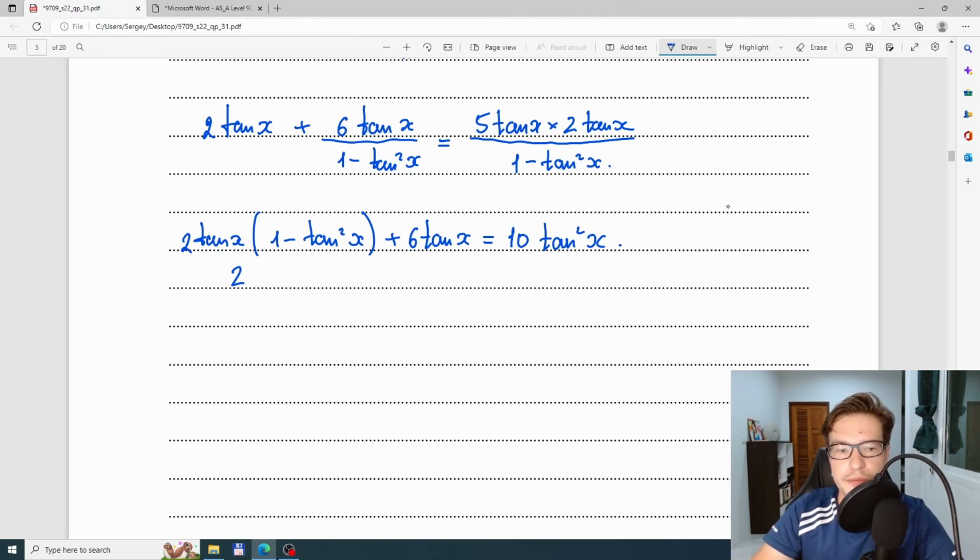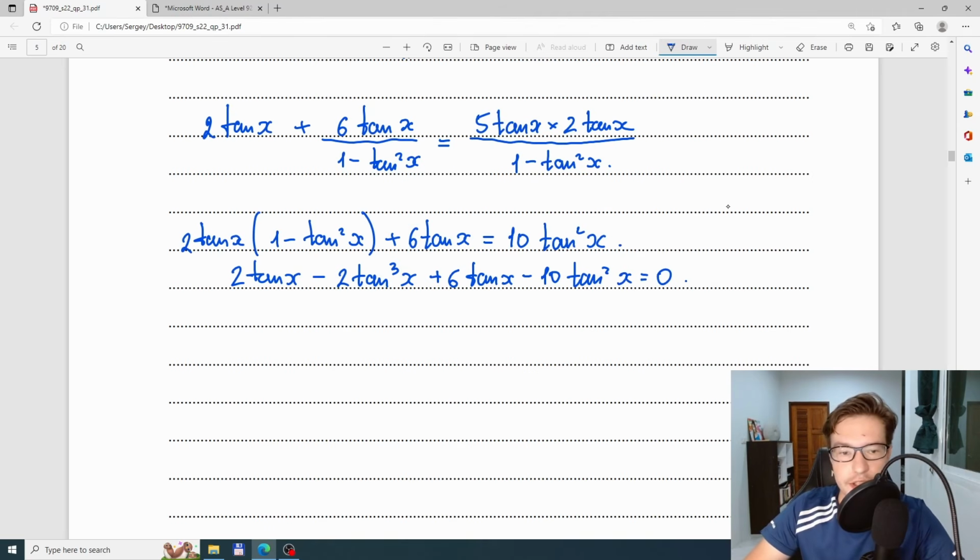Now expand the brackets to get tangent cubed x. And then I will move 10 tangent squared x to the left side, and I will get plus 6 tan x minus 10 tangent squared x equals 0.